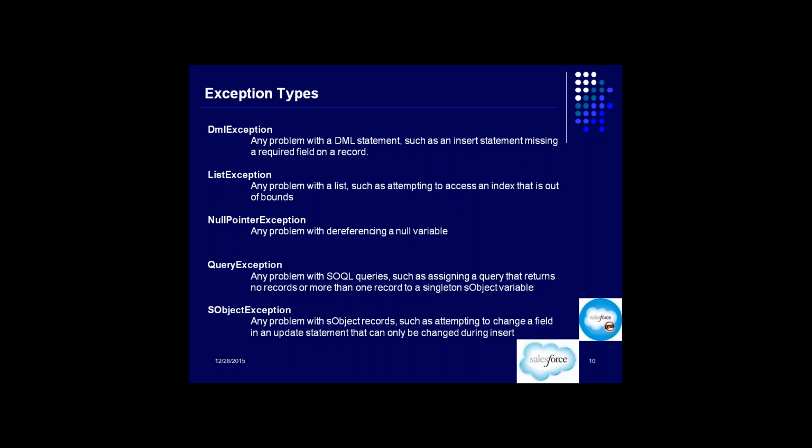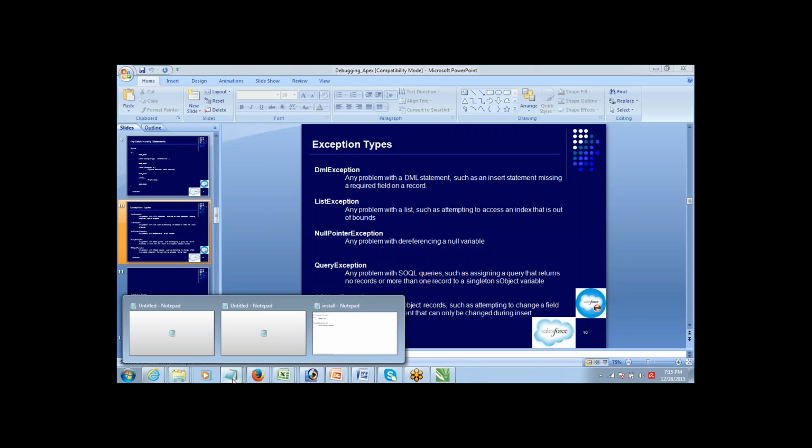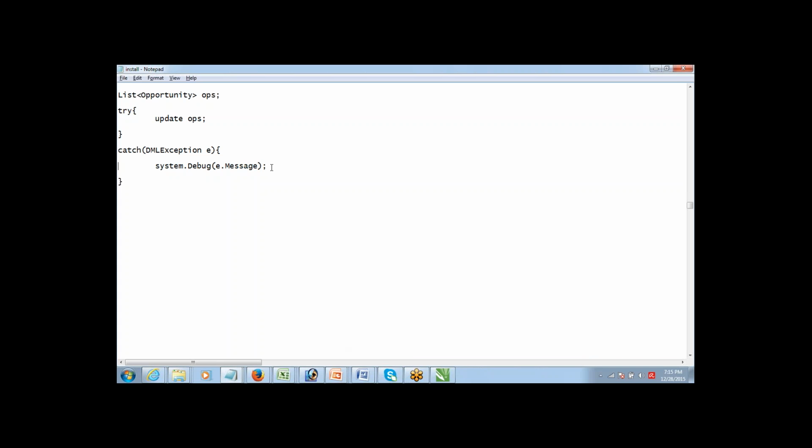If you see that there can be a DML exception, use the DML exception type. Then your job becomes easier, right? It directly gives you the DML exception message, and from there you can understand what exactly the problem is. Reading in the debug log, when you read this message, you understand what the problem is, and you know that the exception type is a DML exception.